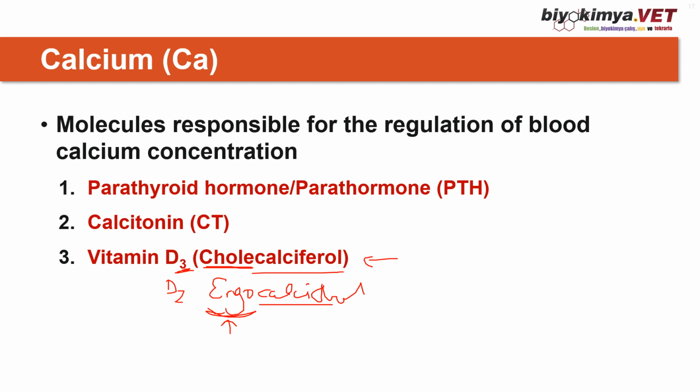It promotes transcription of calcium binding protein, where the target in the cell is DNA, to promote the transcription of the genetic code, then translation, and as a result protein synthesis. This is why it is also referred to as a steroid hormone. Thus, all of these molecules are hormones responsible for the regulation of blood calcium concentration.